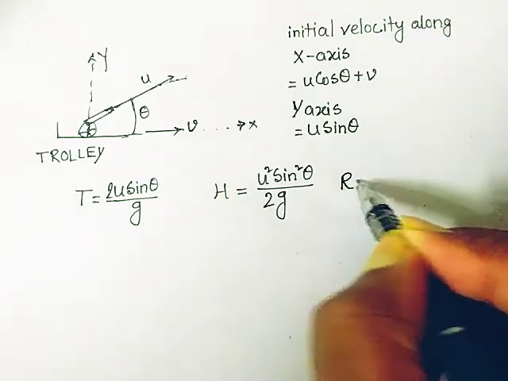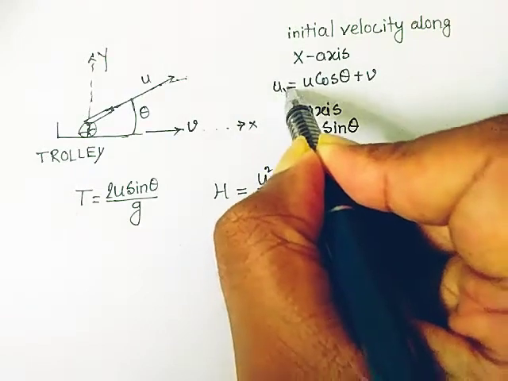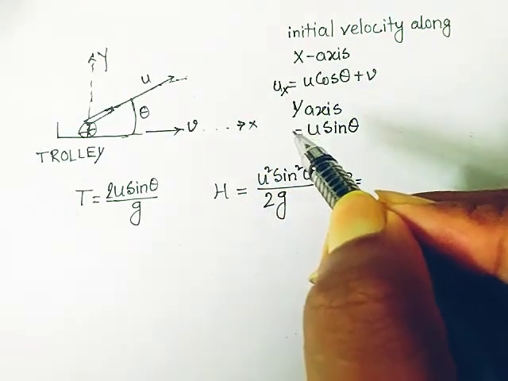The range is where the change comes, because this is the initial velocity along the x-axis.